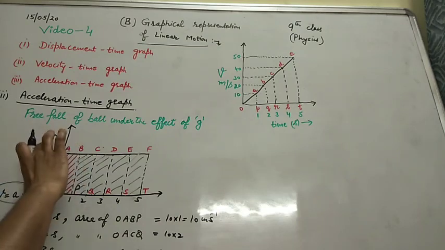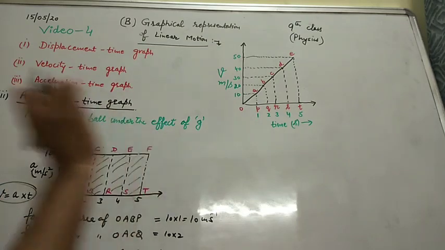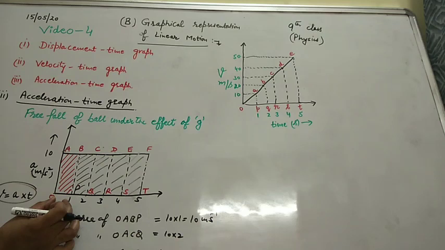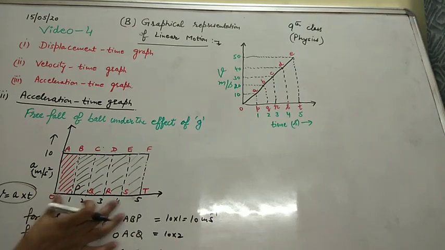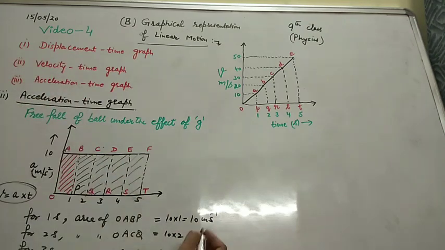This 10 will remain the same, length for all the intervals will remain the same. But here breadth is 1, then 2, then 3, then 4, then last is 5. So here velocity is 20 meter per second, then 30 meter per second, 40 meter per second, and the last one is 50 meter per second.